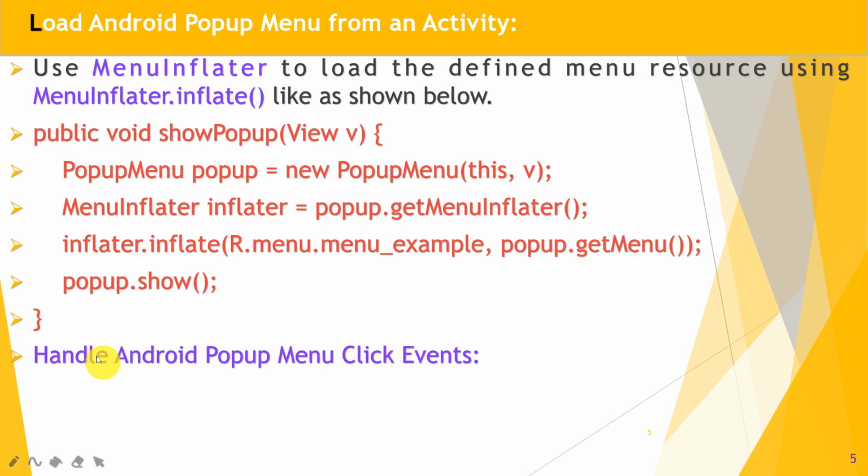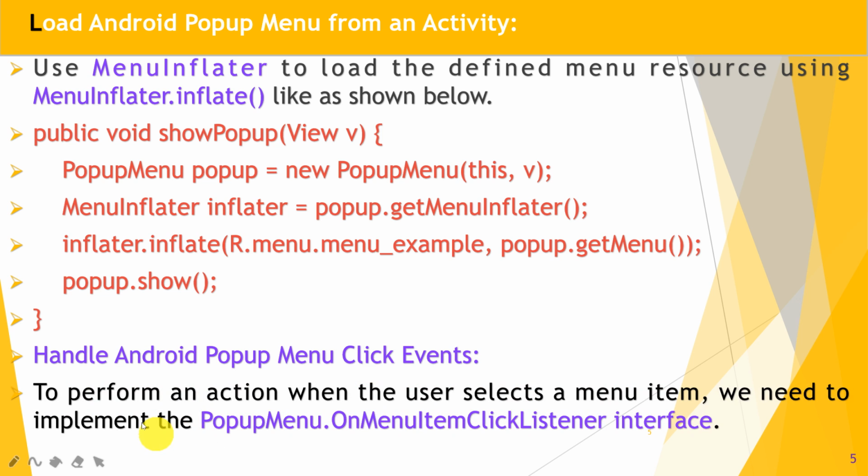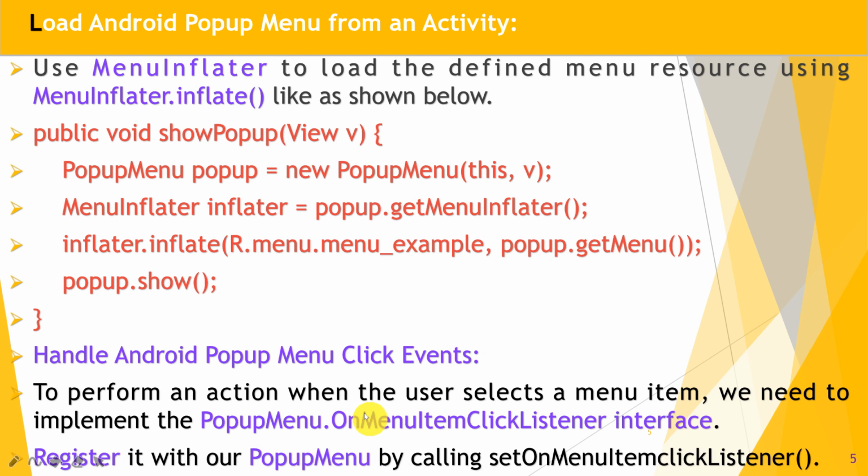Now the question is, how to handle Android pop-up menu click events. To perform an action when the user selects a menu item, we need to implement the PopupMenu.OnMenuItemClickListener interface. When we implement that, it automatically registers with our pop-up menu by calling setOnMenuItemClickListener.